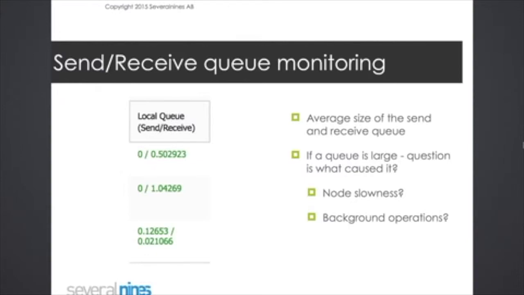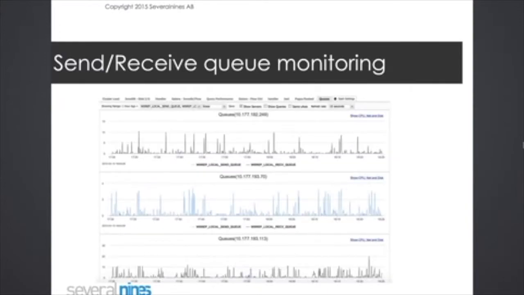So even this simple counter may give some insight into which node is a problematic one, and where we should start our investigation. And also we can graph this kind of data.